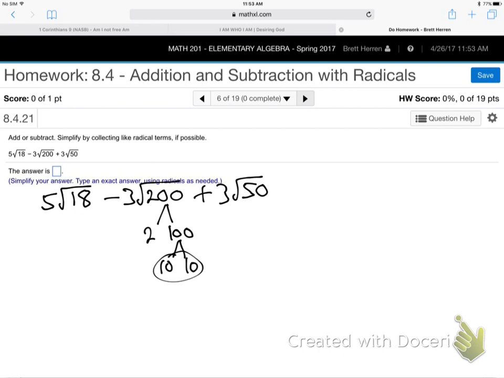Okay, so break down that 18. 2 times 9, 3, 3.